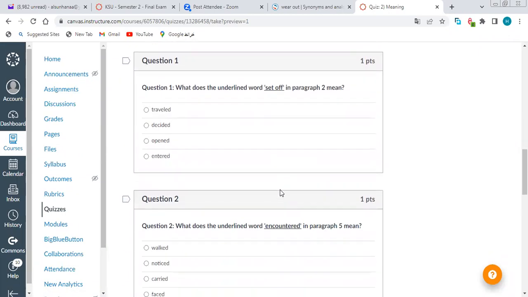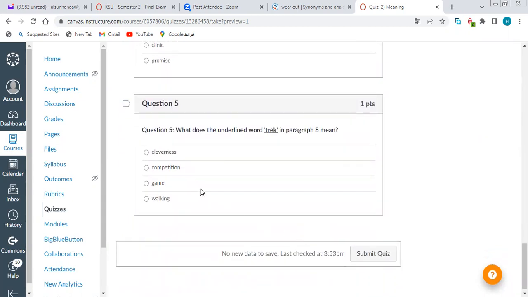So guys, trek means cleverness, competition, game, or walking.